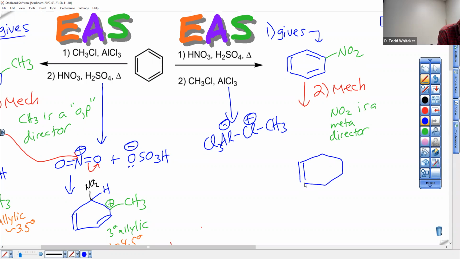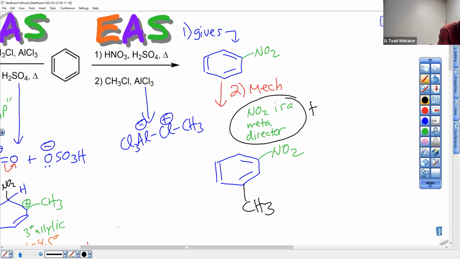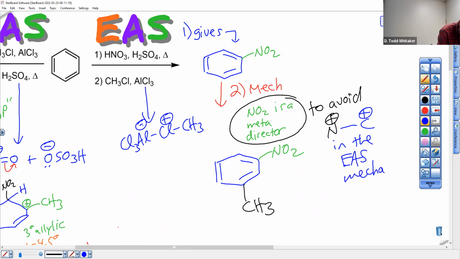Your new group must go meta, as we discussed in the previous video. And the new group's a methyl here. To avoid N plus bonded to C plus in the EAS mechanism. That's the main reason meta directors exist.